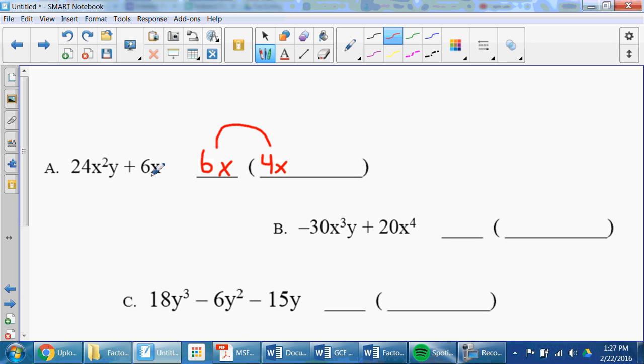Since I could not take the y out, since the y is not in both, the y just shows up there inside the parentheses. Then 6x times what gets you 6x? Since it's the same, the one thing you multiply by that mirrors itself is 1. That would get you the same answer. Go ahead, pause the video and try to do B.